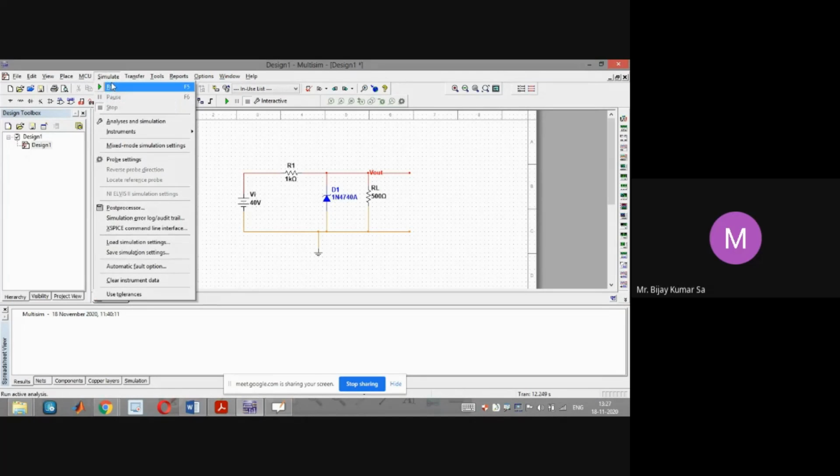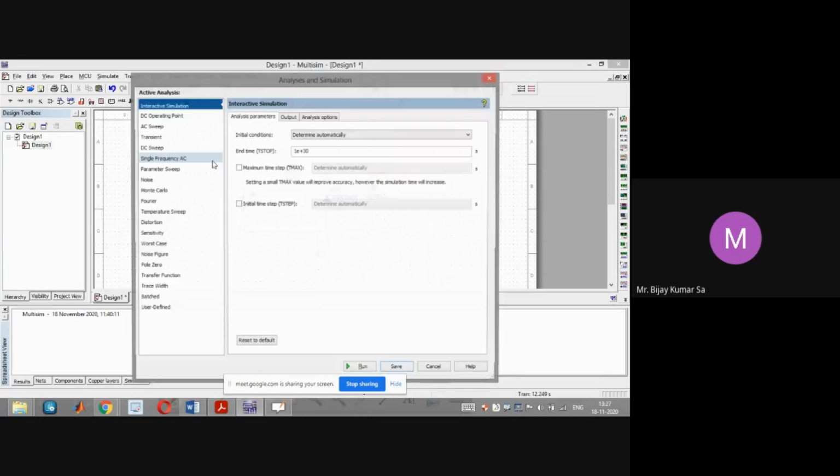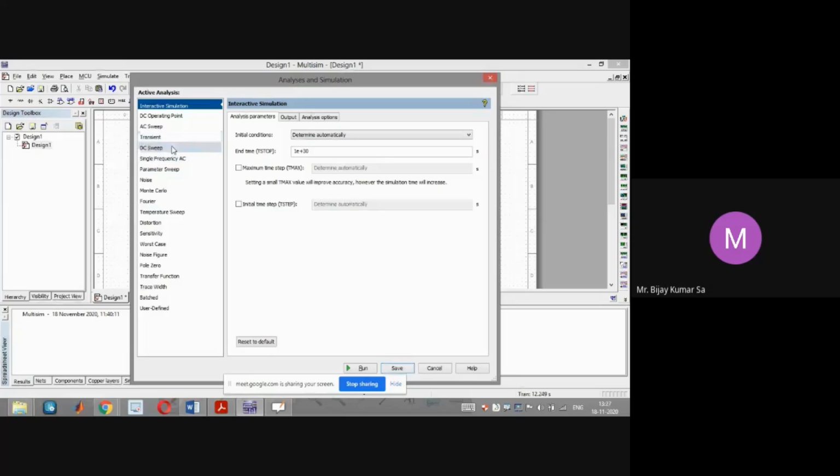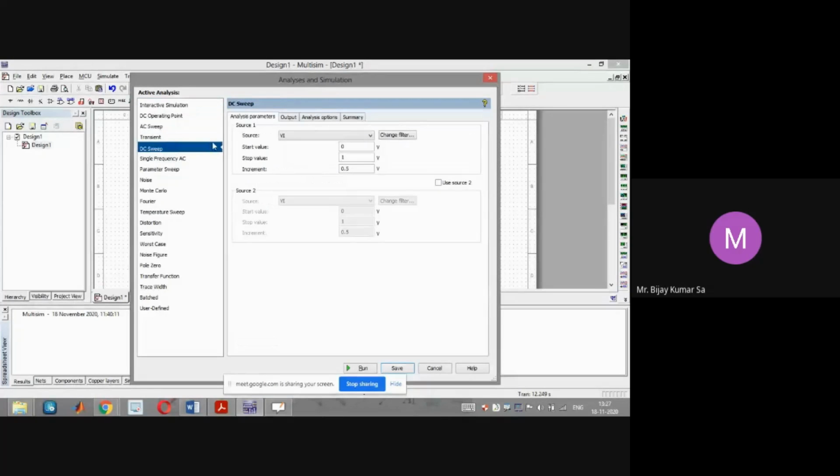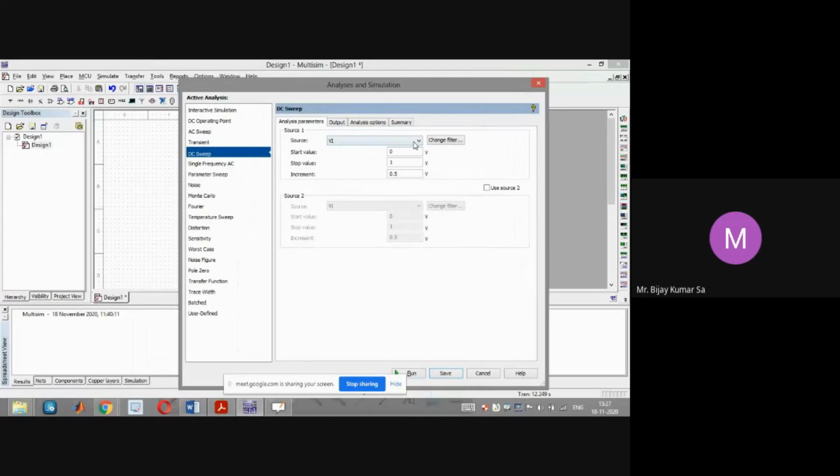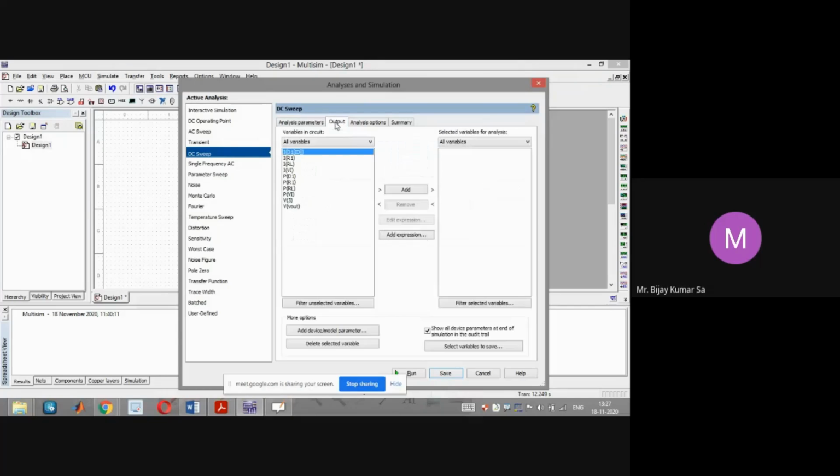So if I go to simulate, analysis and simulation, under the simulate, I'm going to analyze in simulation, and I'm going to DC sweep, source Vi, output is V out.